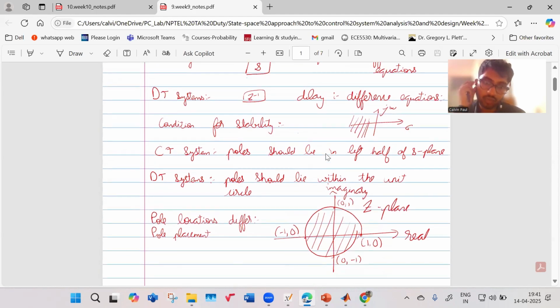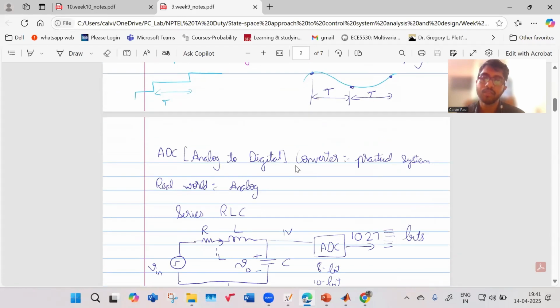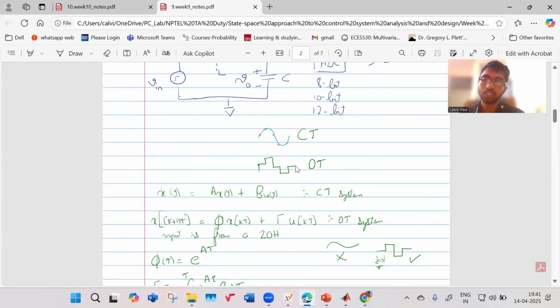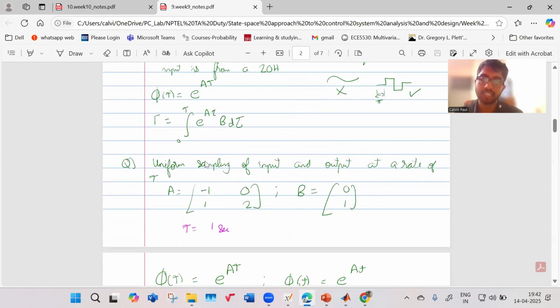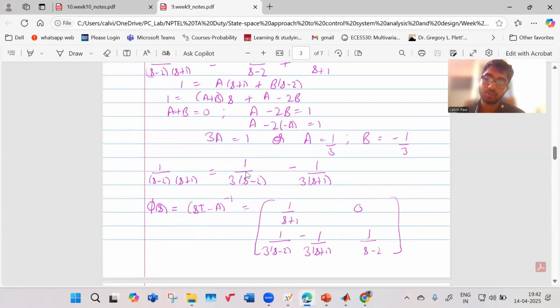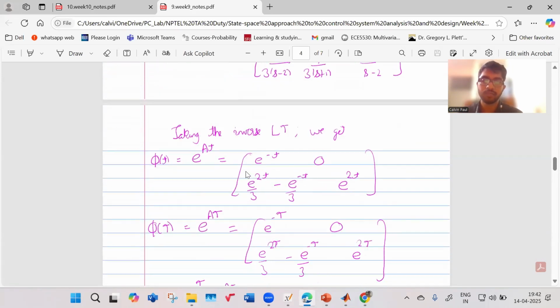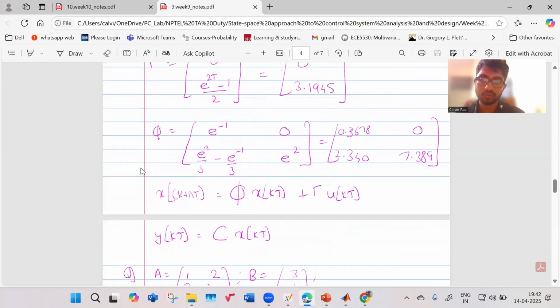Relay difference equations, how the pole locations differ, what is the concept of stability for a digital system, what is an analog to digital conversion, how do you find the change in the states, phi, how you can mathematically evaluate it as well, and then gamma also, how it is found.